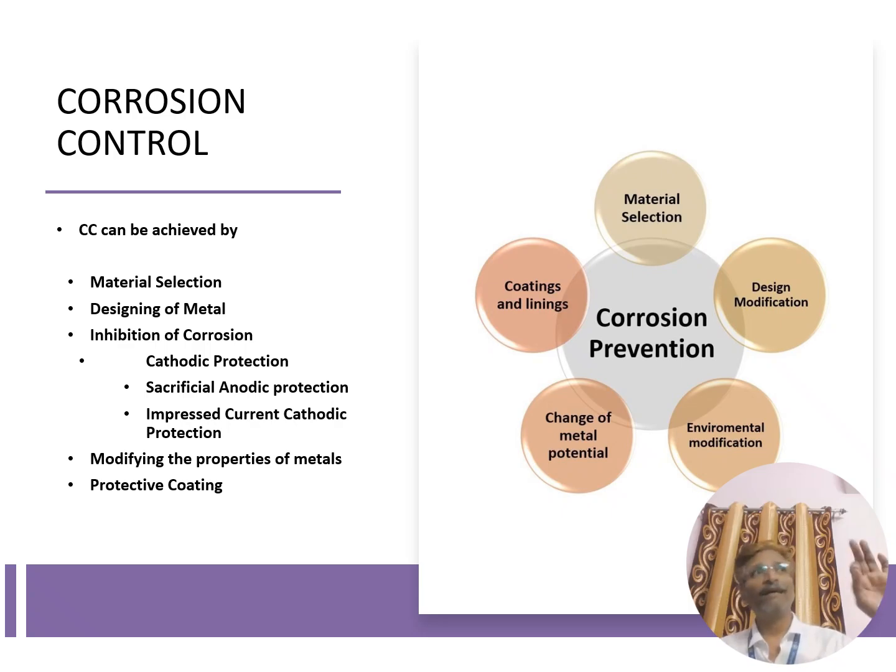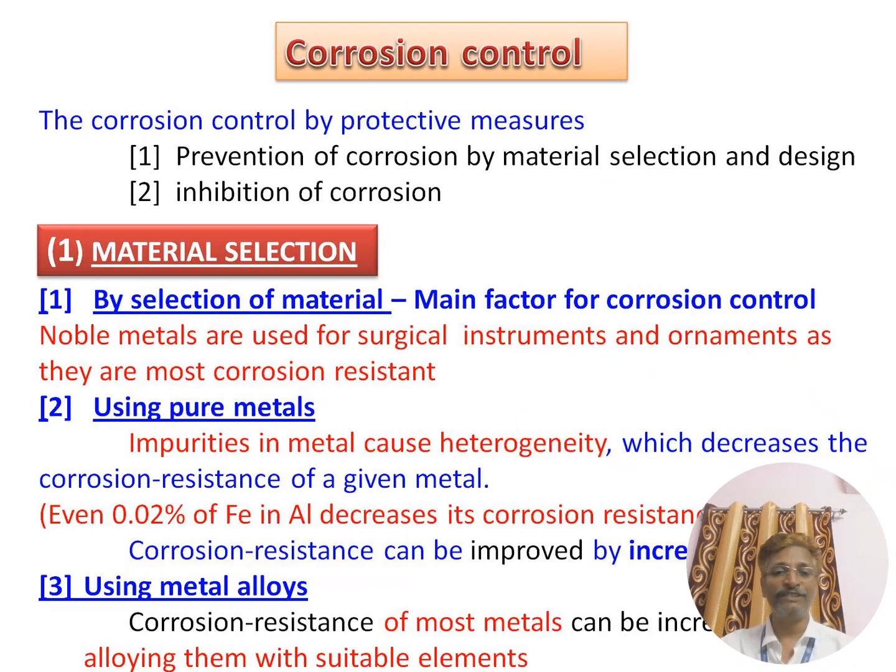Once a year you have to paint, not only the gate but whatever iron-based product you have in your home, so it should be coated properly. And then the environmental conditions: we have to maintain them according to the kind of environment we have. So these are the simple ways to control corrosion, simply we can say prevention.